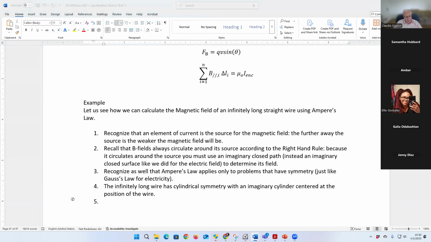Ampere's law must, and let's not forget, Ampere's law must use a closed path loop. I didn't tell you that, okay?